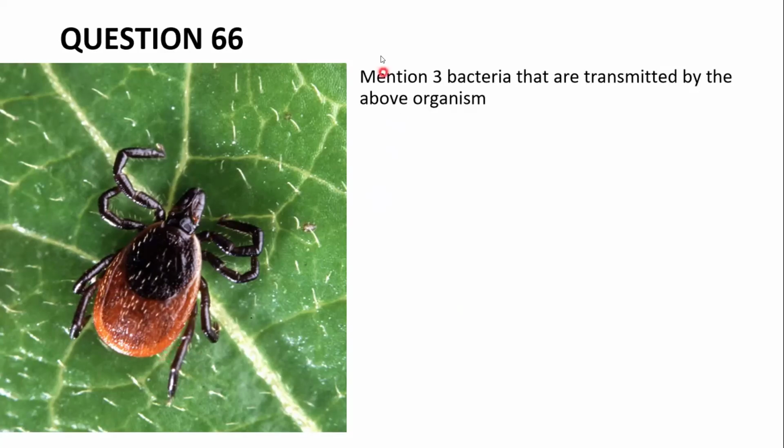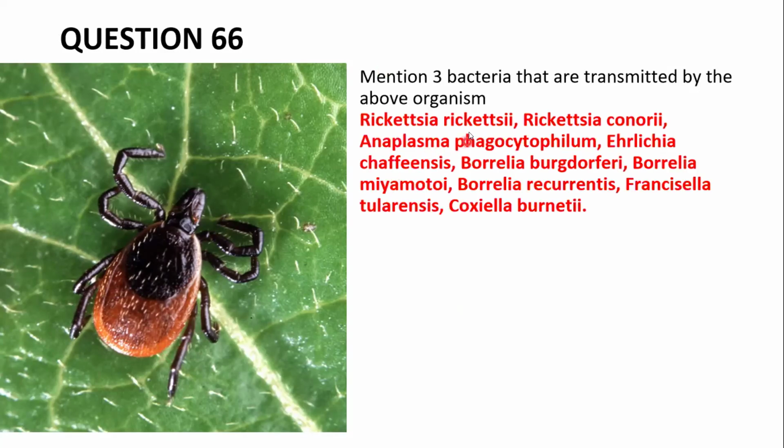Rickettsia, good. Borrelia burgdorferi, yeah. Rickettsia conorii, Anaplasma, Ehrlichia, Borrelia, Francisella, and Coxiella. Now, what drug of choice do we use for all these bacteria that we have mentioned? Doxycycline, very good. We use a tetracycline.